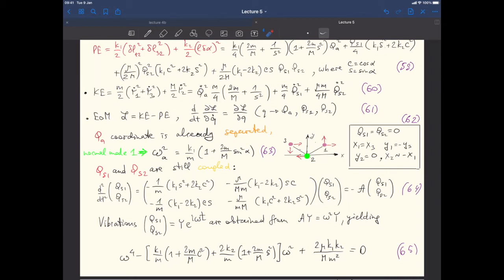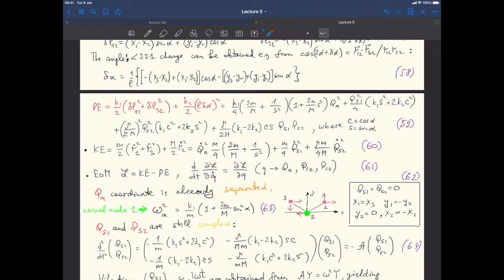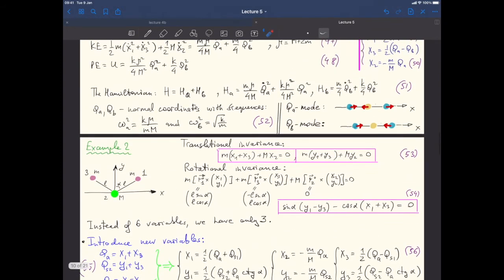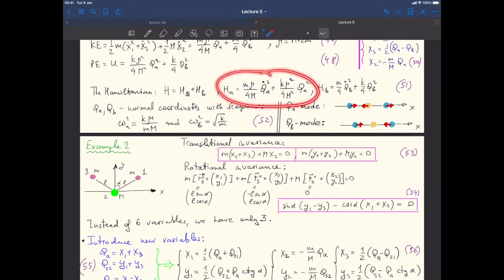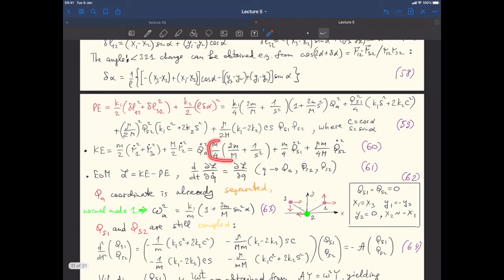Okay, so we set up these equations, and if we do so, you will discover immediately that because of the QA coordinate, this is potential energy for the QA coordinate, this is kinetic energy for the QA coordinate, and we sum them together, they're not mixed up with the other two coordinates, so this part of the Hamiltonian is just completely separate, and we can do precisely what we did for the linear molecule when we considered this kind of Hamiltonian by interpreting the term in front of q dot square, this one, as the 1 over 2m, where m would be the effective mass of that oscillation.